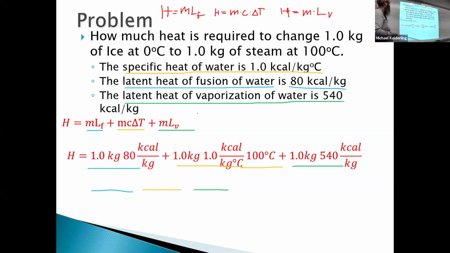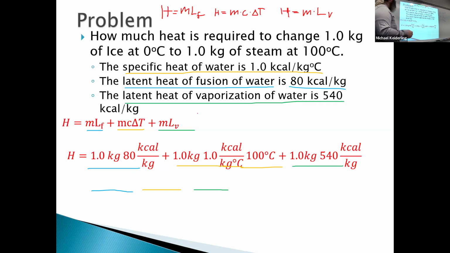So if we plug in our values, that's one for melting the water. That's 1 kilogram times 80 kilocalories per kilogram.